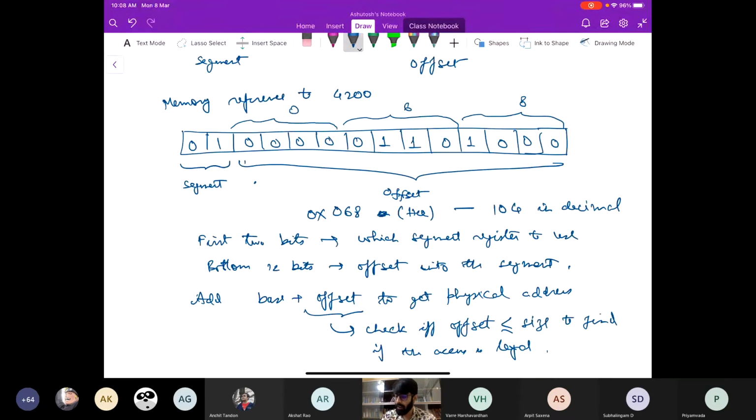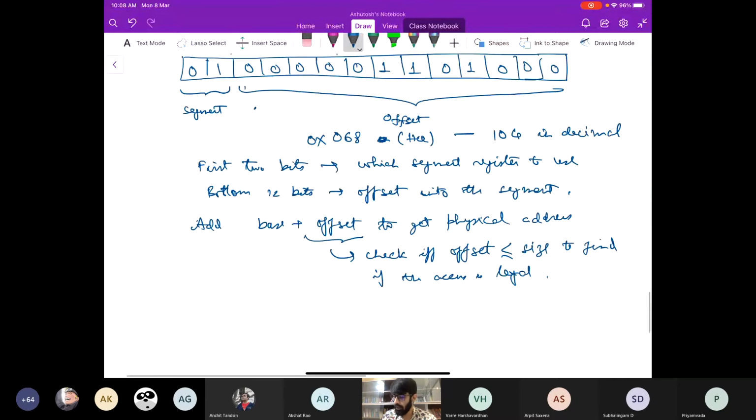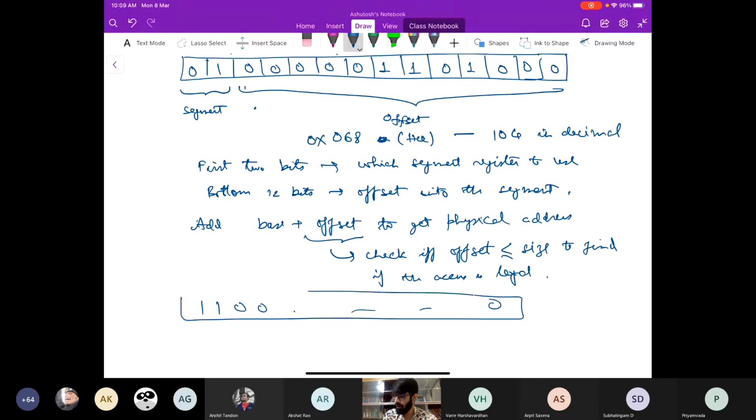Given the address, it first masks with, let's say, 1 1 and the rest zeros, which will be 3 0 0 0 in hex, and takes a logical AND with this to get the segment, and basically which segment register to use.